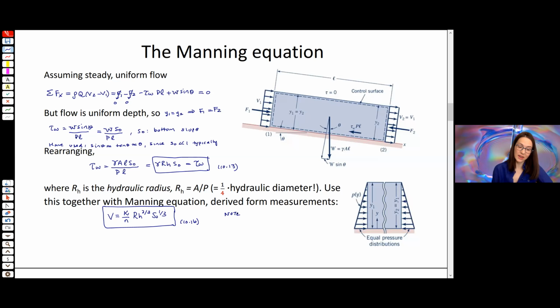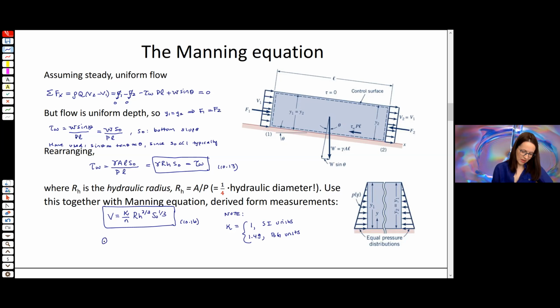It's 1 if you're using SI units, but it's a different value if you're using British gravitational units. So because the Manning equation is an old historic equation, they were a little bit sloppy about units, right? So we have to do this. So sorry, let me just write that clearly. It's 1.49 if you're using BG units. Okay.